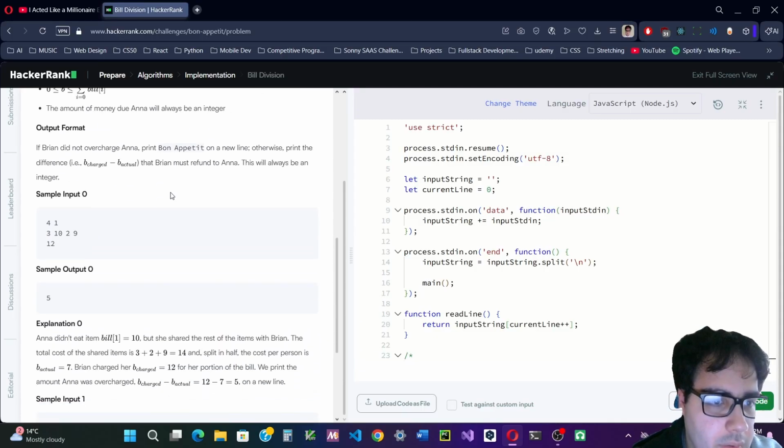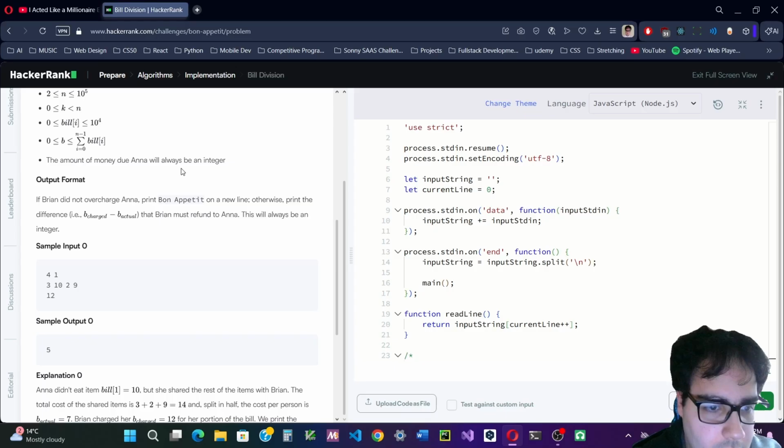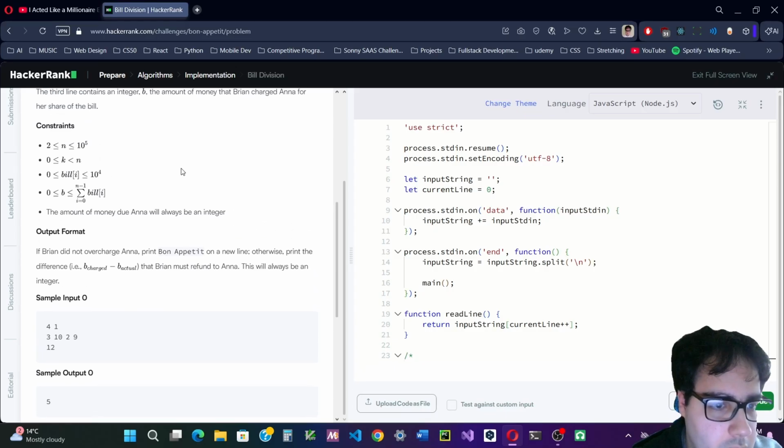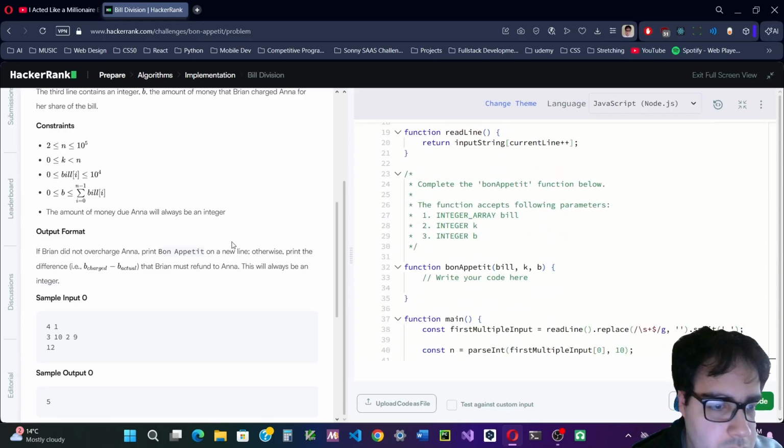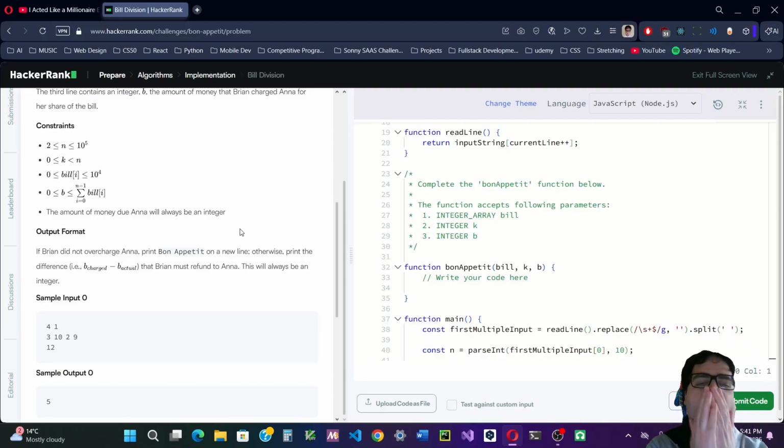If Brian did not overcharge Anna, print Bon Appetit. This is a sum of bill. Otherwise print the difference that Brian must refund to Anna. This will always be an integer.